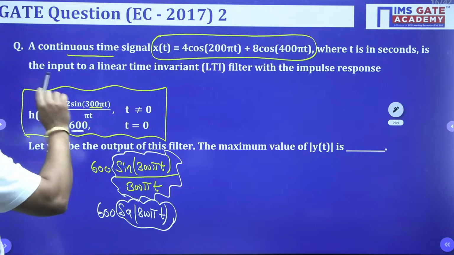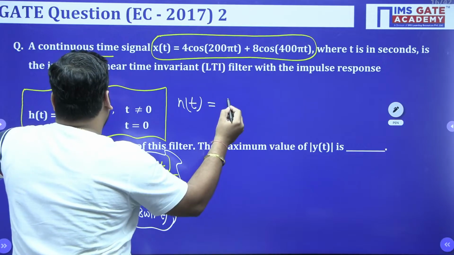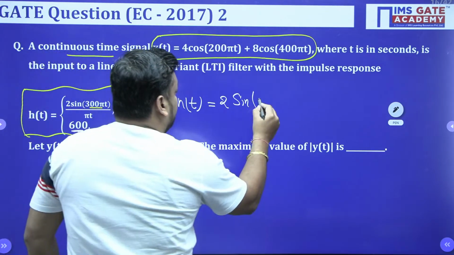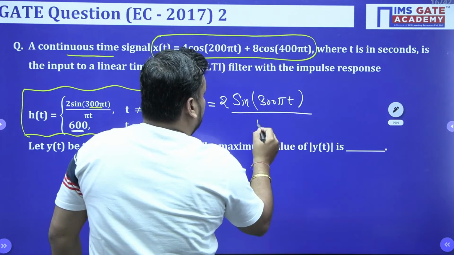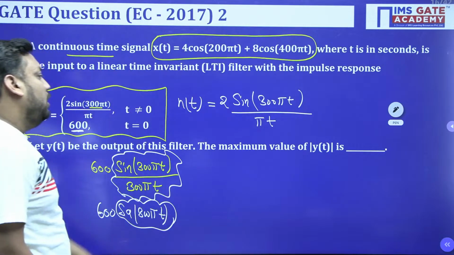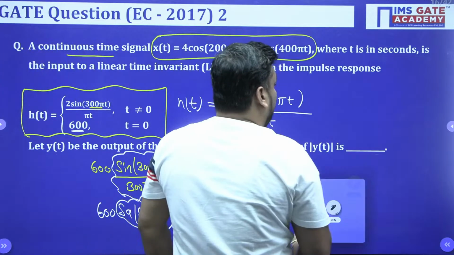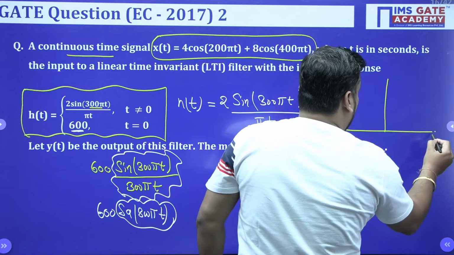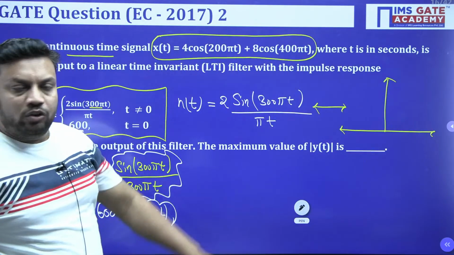It means for all values of time, I can write this expression as 2 into sin of 300 pi t upon pi t. Yes or no? Now tell me, what is its Fourier transform? We know that the Fourier transform of sin(at) upon pi t gives a rectangular pulse which behaves as a low pass filter in the frequency domain, the omega domain.